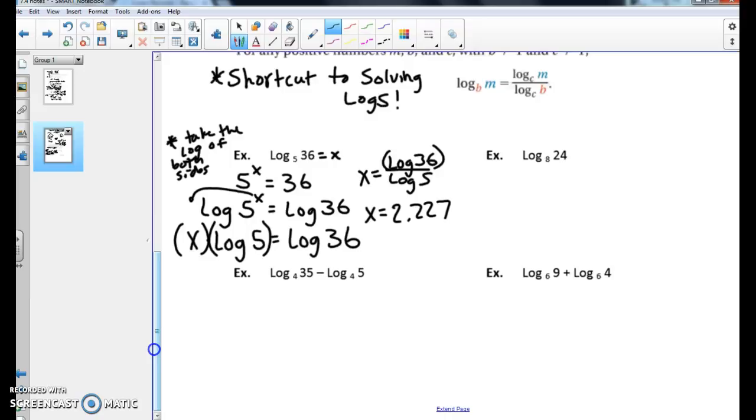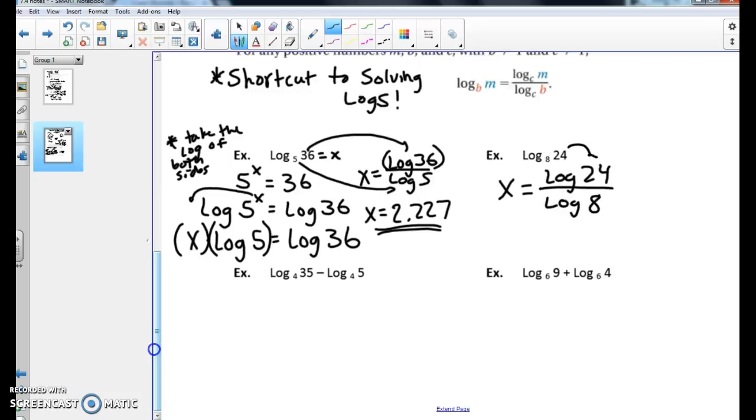Now, look at the cheat formula here. What I can jump to is just this. Look at my original expression: it was log base 5 of 36. I can jump to log of 36 divided by log of 5. You can plug those things right in there, and that'll give you your answer. So let me do it on the next example here. x equals log of 24 over log of 8.